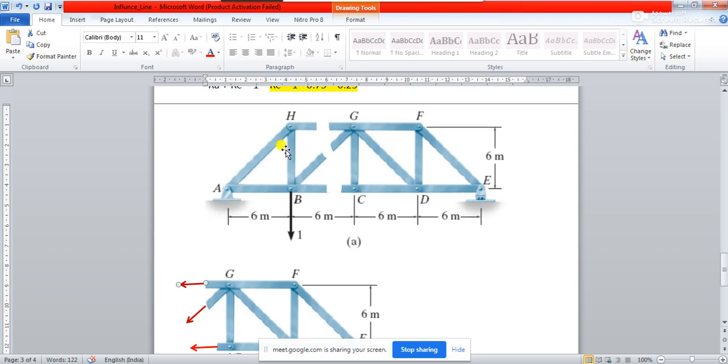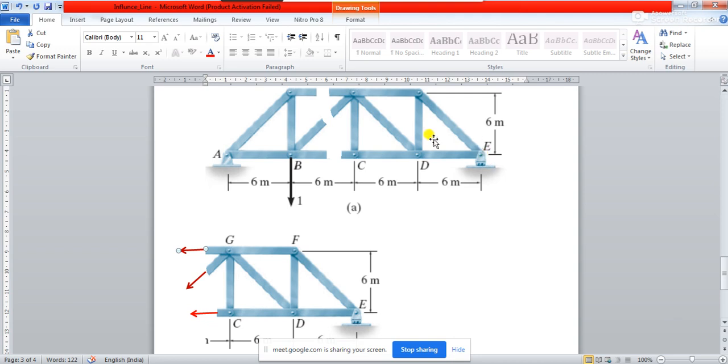So this is the angle of the truss. This angle is going to be 45 degree, this angle is going to be 45 degree, and this angle is going to be 90 degree. Exactly the same way, if you come to here, this angle is going to be 45 degree, this will be 45 degree, and this will be 90 degree.